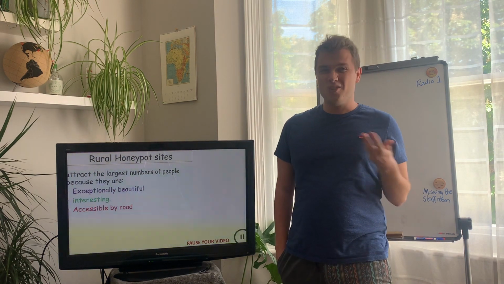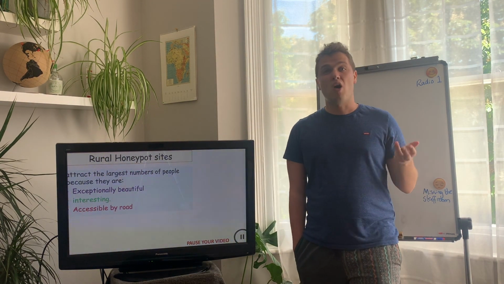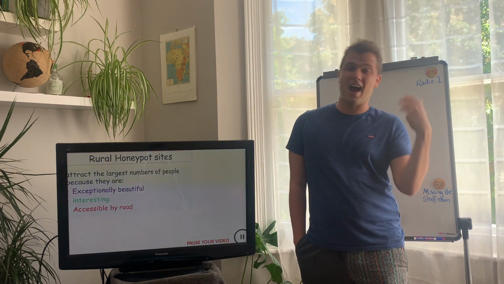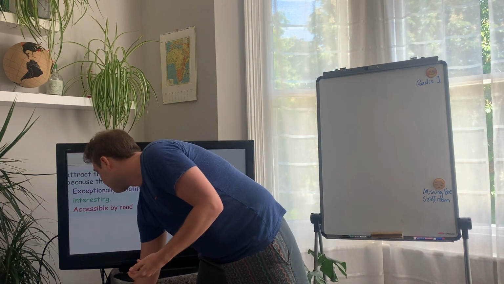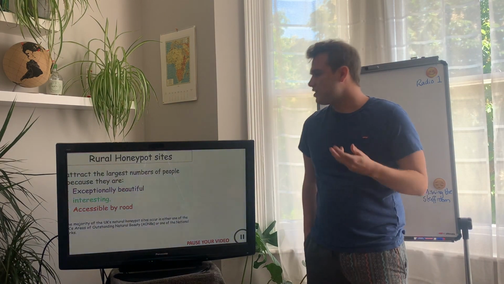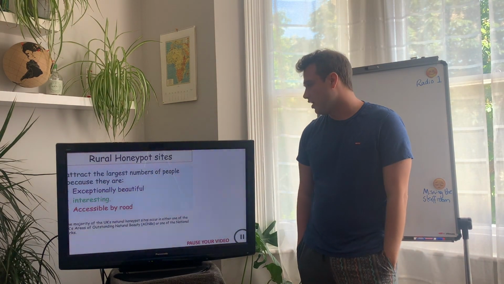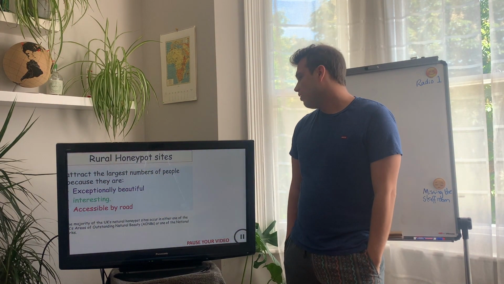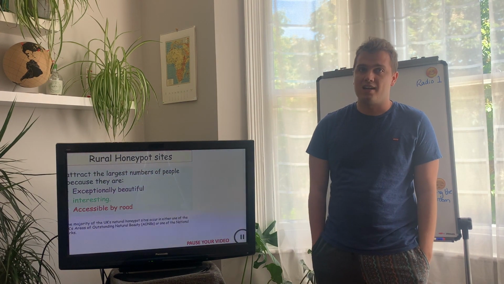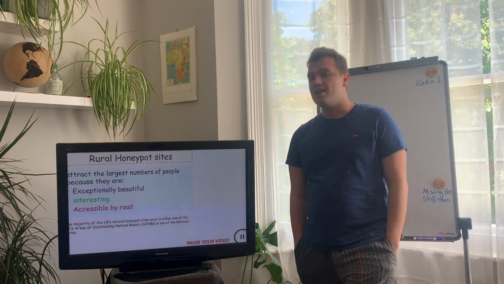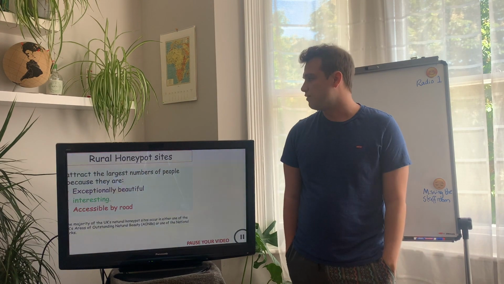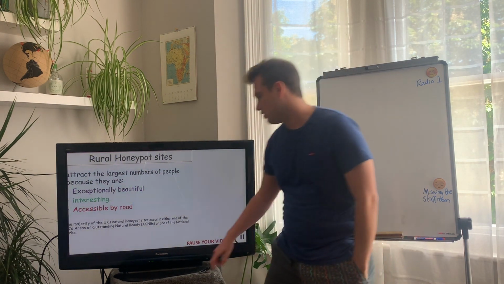It's important, because they're rural, that it is somewhere you can drive to and park at, and that people can actually go and visit it. The majority of our UK natural honeypot sites are either in an area of outstanding natural beauty or in a national park, and we will come back to what those 2 terms mean in a moment.